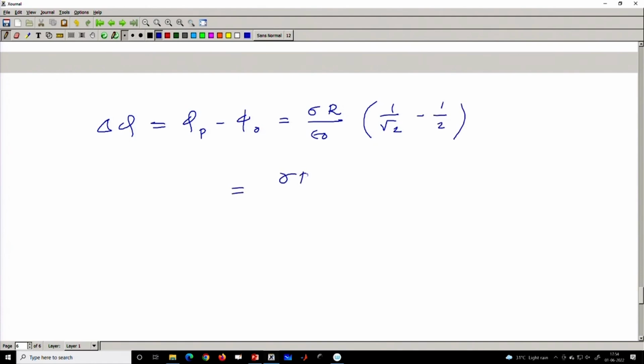So, it is sigma r divided by epsilon naught, and then how much? It is root over of 2 minus 1.